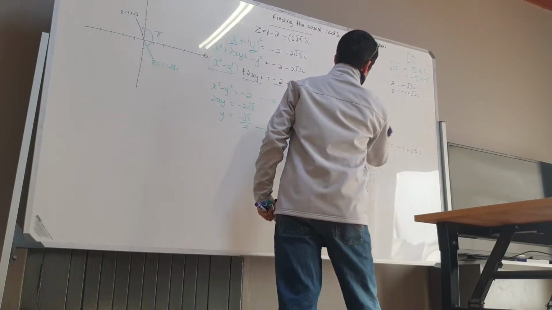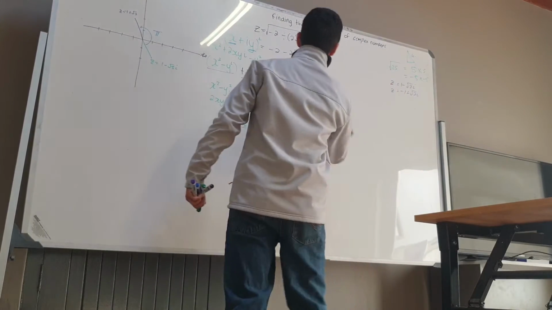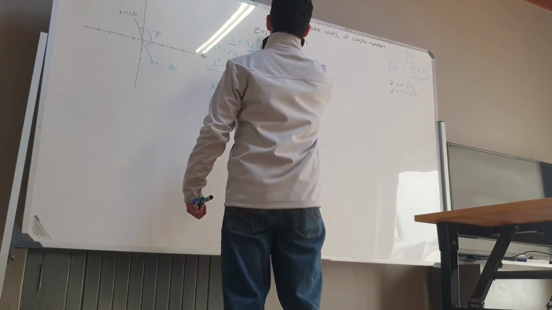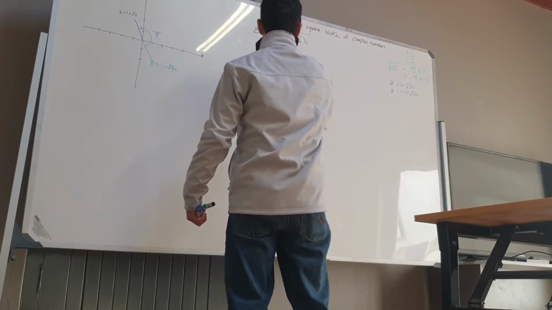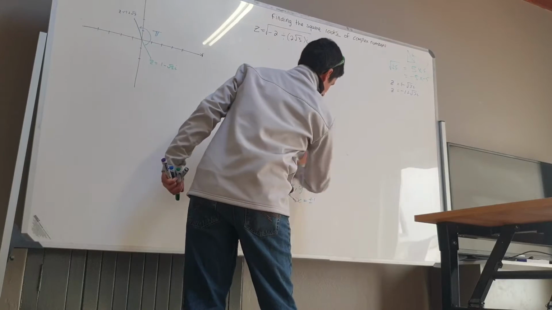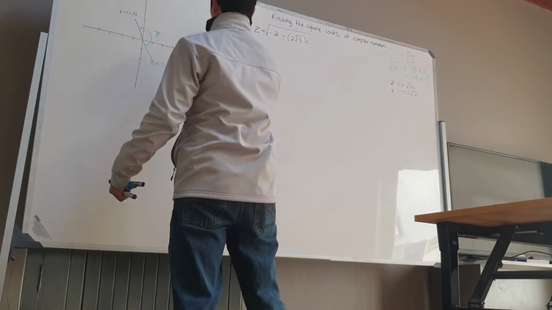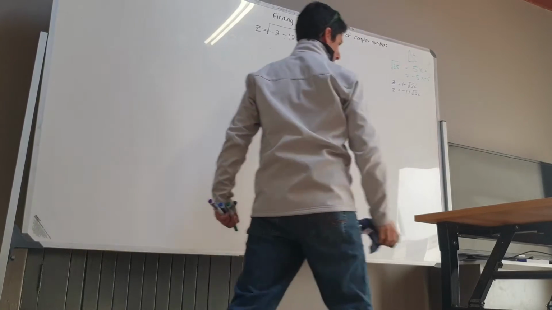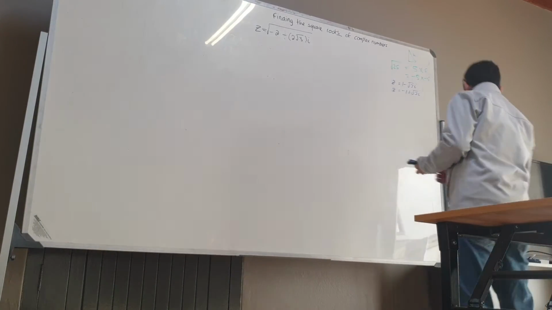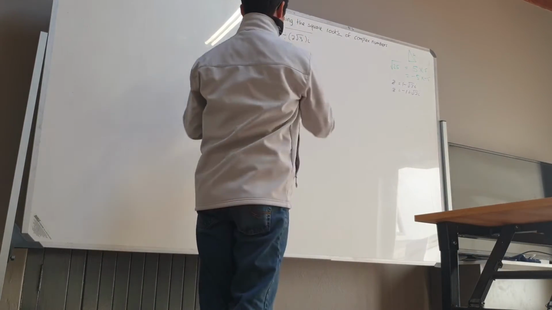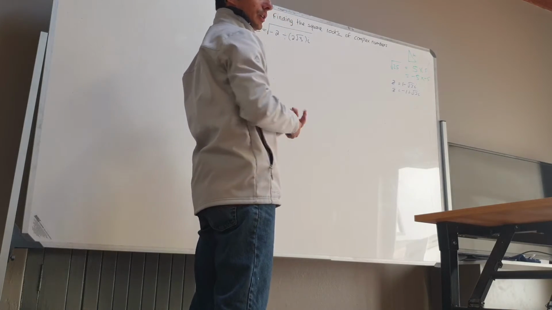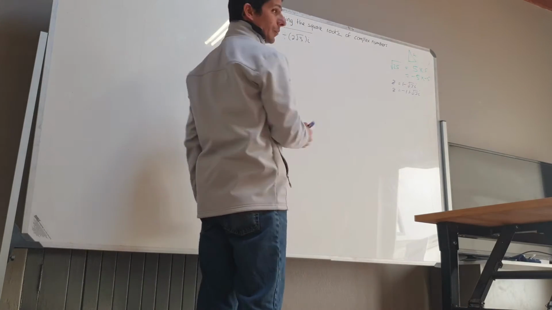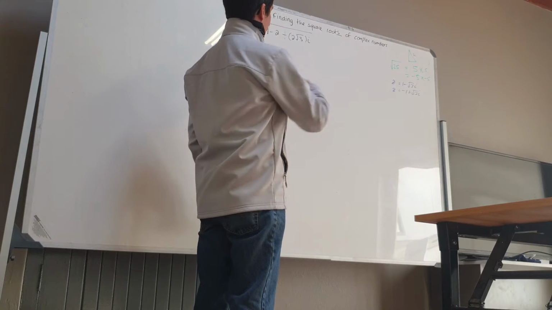If I want to use exponential form, what's the first thing that I need to do? Well, I need to change this thing into mod arg form. Even though it's under the square root, we can't use it right now because it's of no use to us. So let's change this into mod arg form. How do we change to mod arg? We need to take the modulus of this complex number.